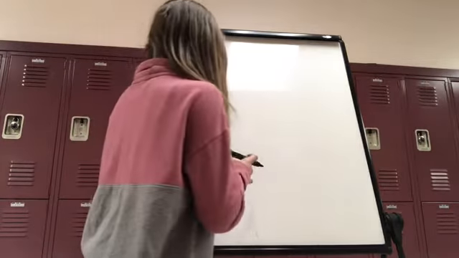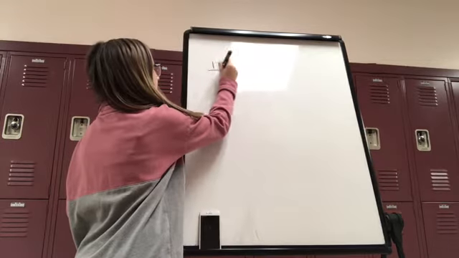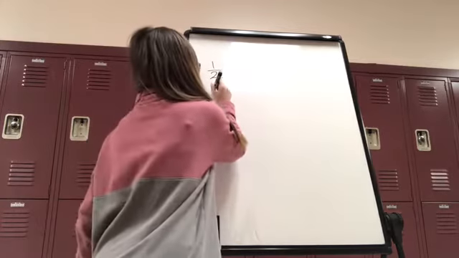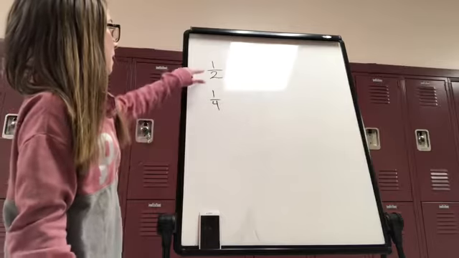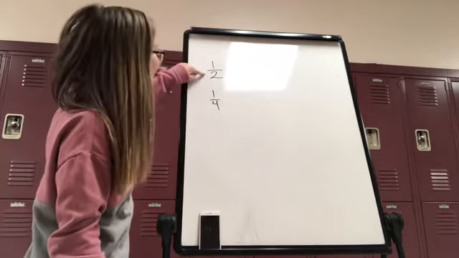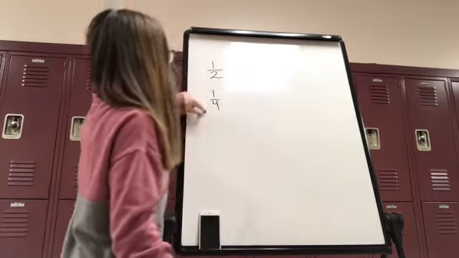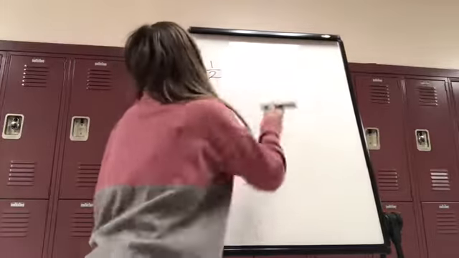So what you're supposed to do is, since 1/2 is covered in carpet and 1/4 is covered in tile, you want to make 1/2 into the denominator of 4, if that makes any sense.